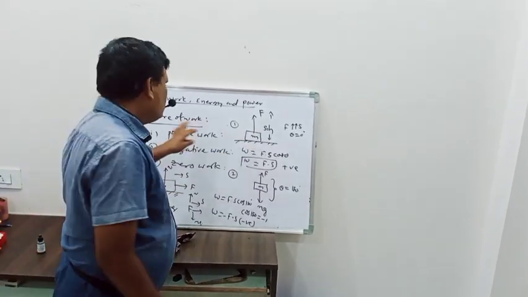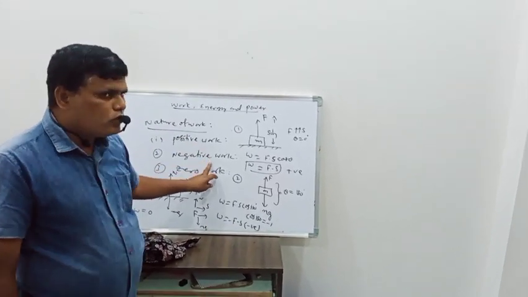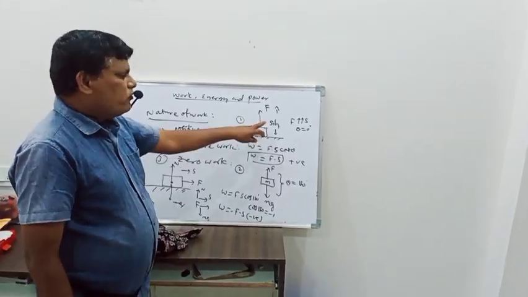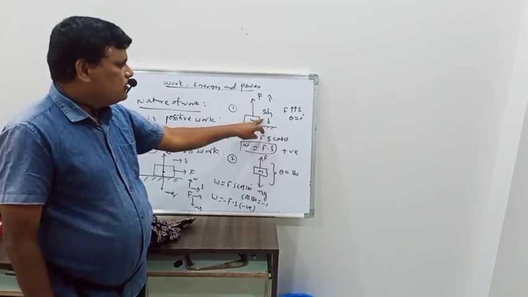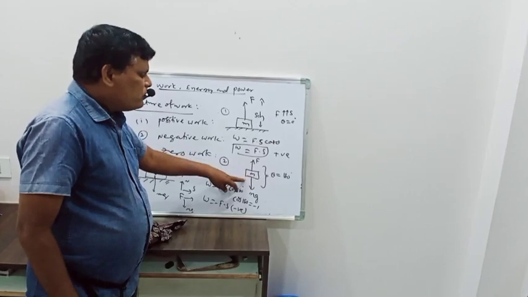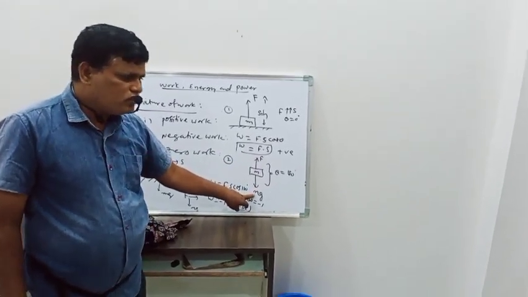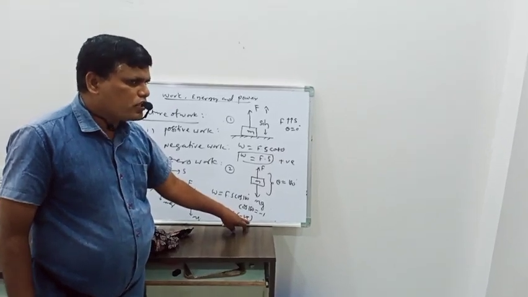So we have three types of nature of work: positive work, negative work, zero work. When you lift the object, the work done is positive. When you lift the object against gravity, the work done by gravity is negative.